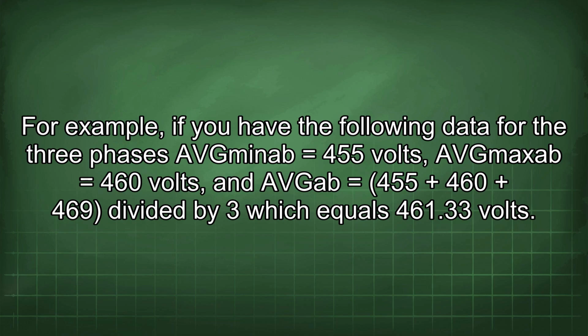For example, if you have the following data for the 3 phases: AVG min AB equals 455 volts, AVG max AB equals 460 volts, and AVGAB equals (455 plus 460 plus 469) divided by 3, which equals 461.33 volts.